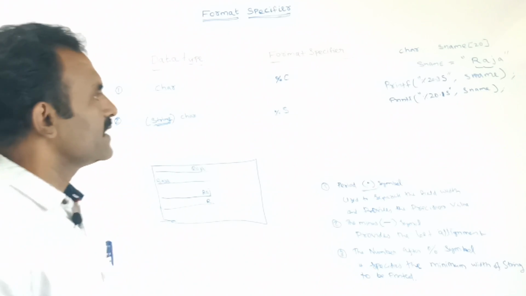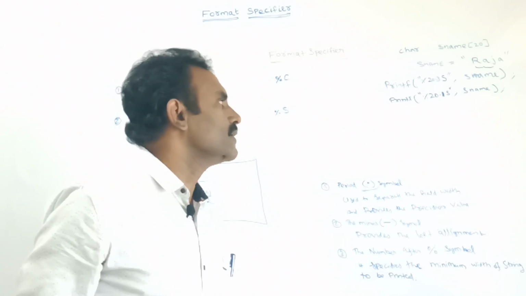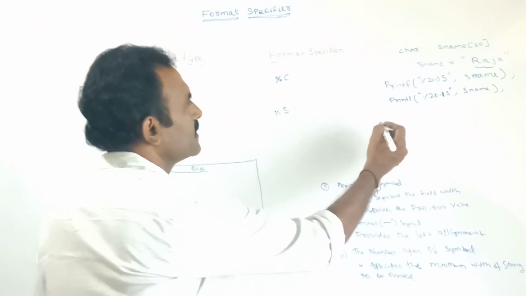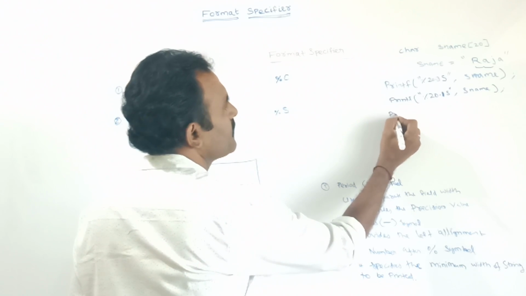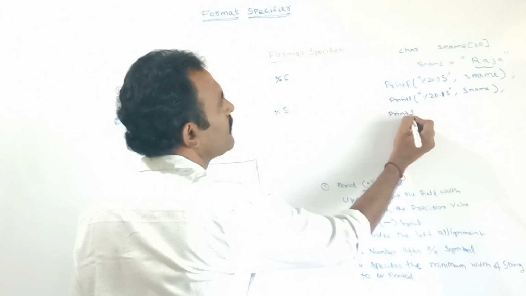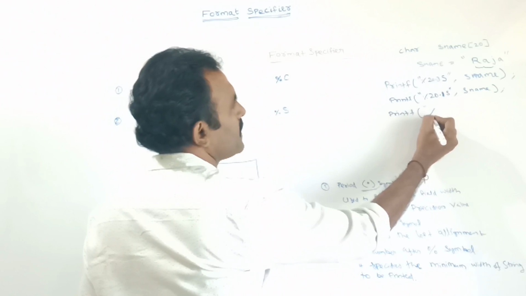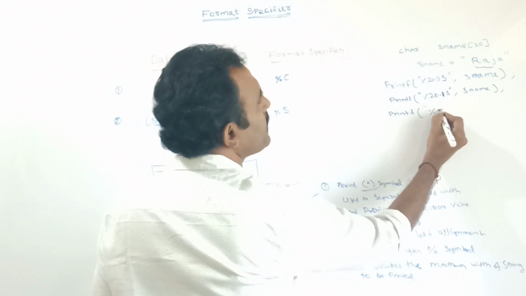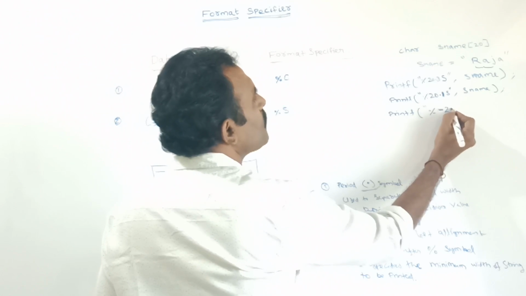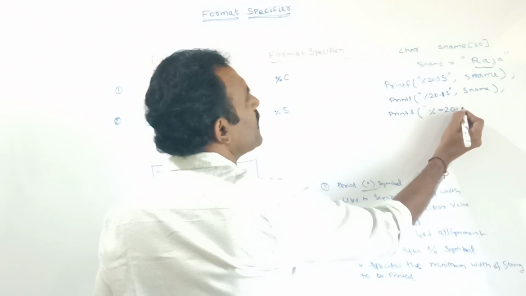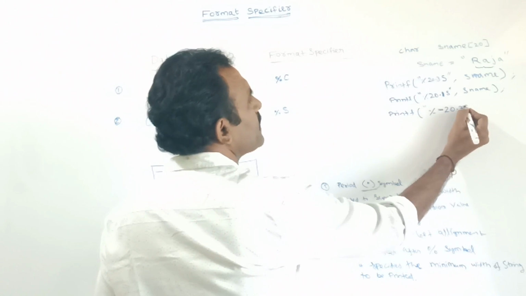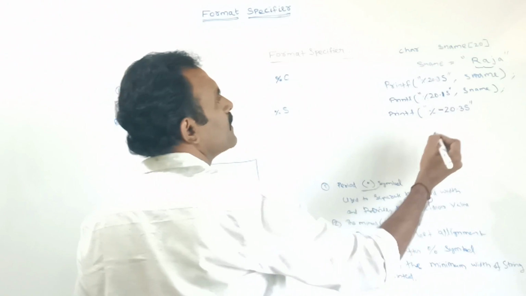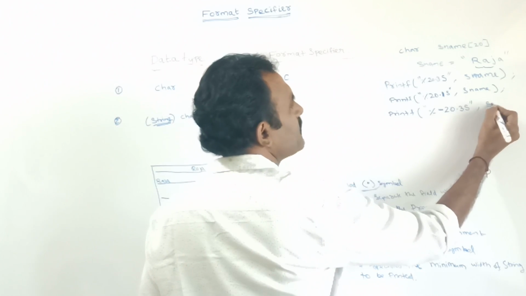In the same way, here we can use the minus symbol also. Suppose I am giving printf percentage minus 20.3 s, next variable name s name.